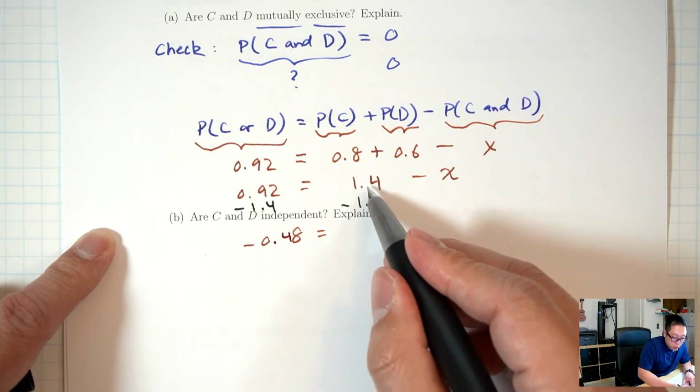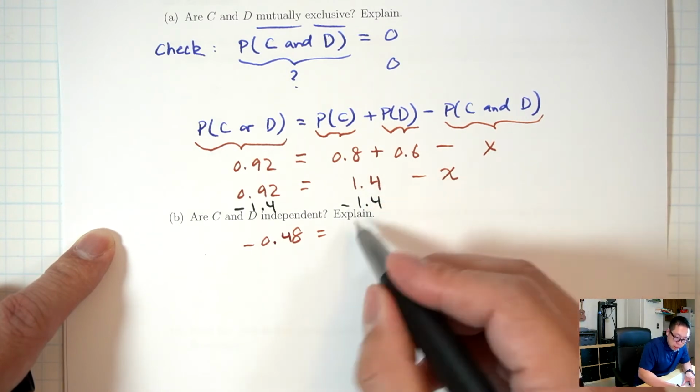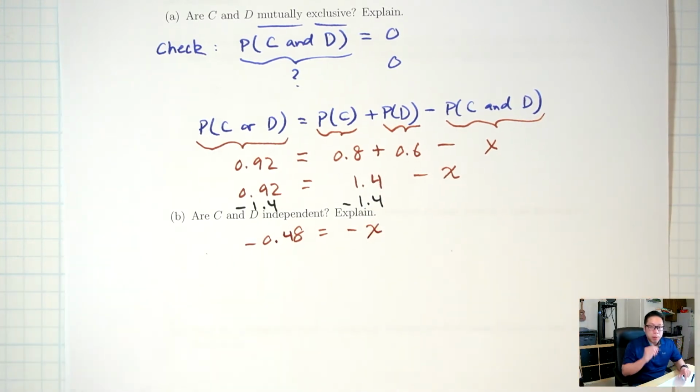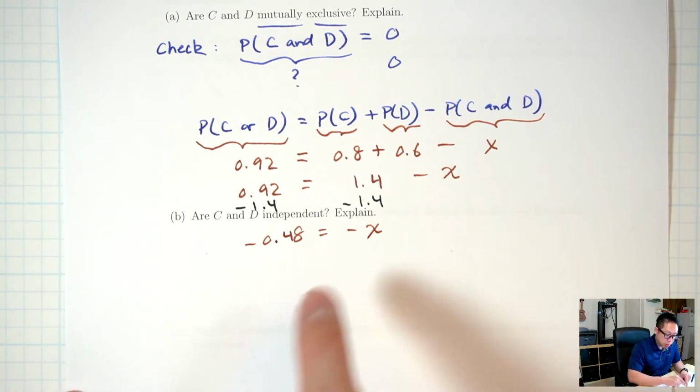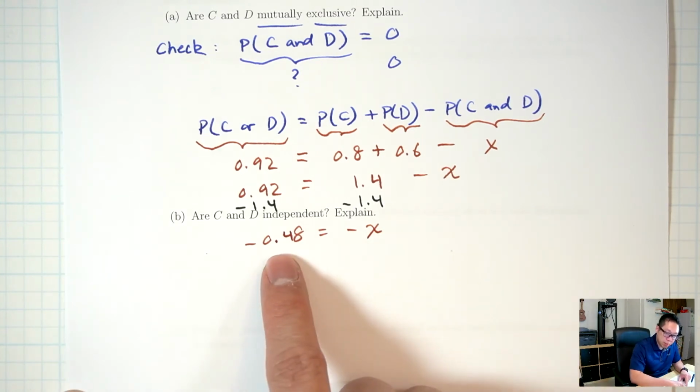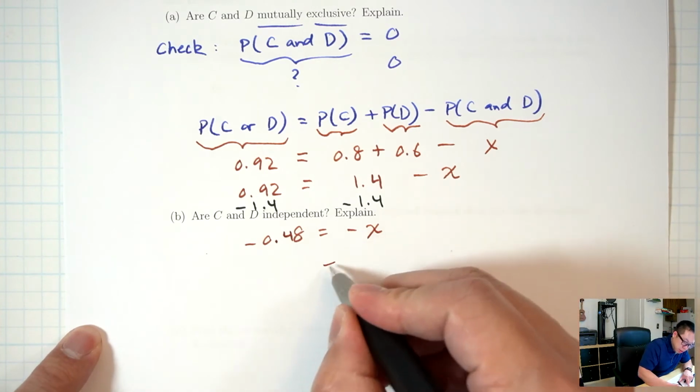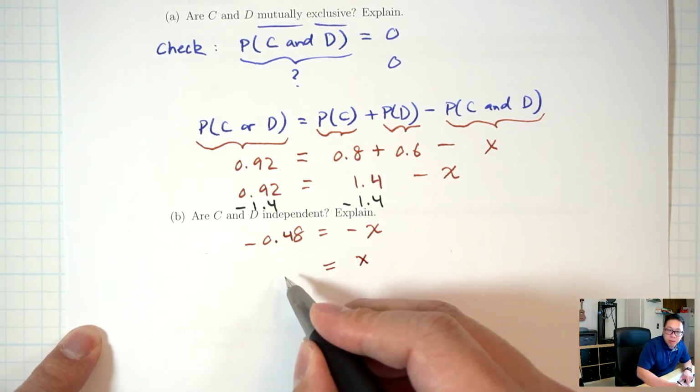On the right side, 1.4 minus 1.4 is going to cancel out, and then I have a minus x. I'm looking for regular x, so if I know negative x is negative 0.48, I know regular x should be positive 0.48.